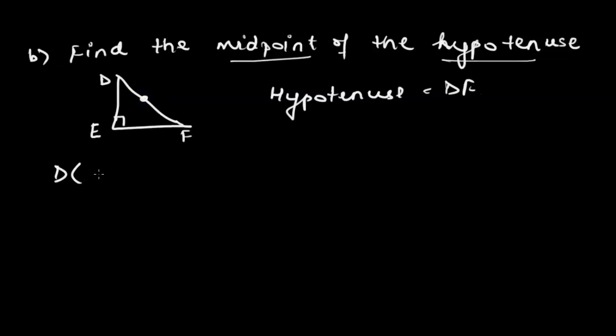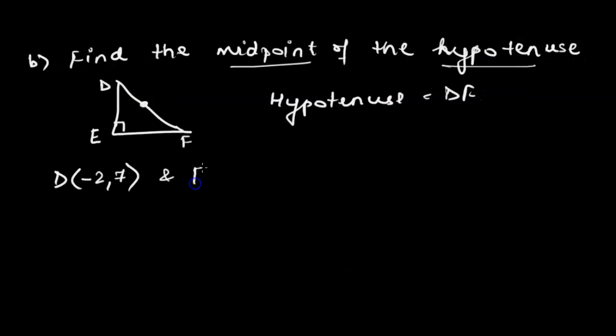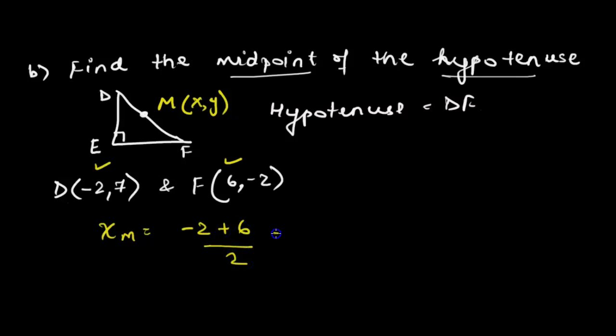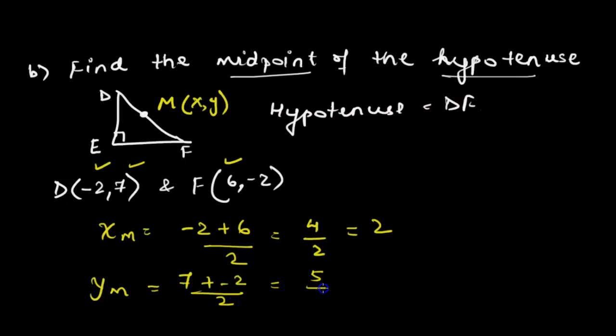The point D is (-2, 7) and the point F is (6, -2). Let's call the midpoint M. We are looking for the x and y of M. We take the average of the x values of D and F: -2 plus 6 divided by 2, which gives 4 over 2, that is 2. Similarly, we get ym: 7 plus -2 divided by 2, which is 5 over 2, that is 2.5. Therefore, the midpoint of the hypotenuse is (2, 2.5).